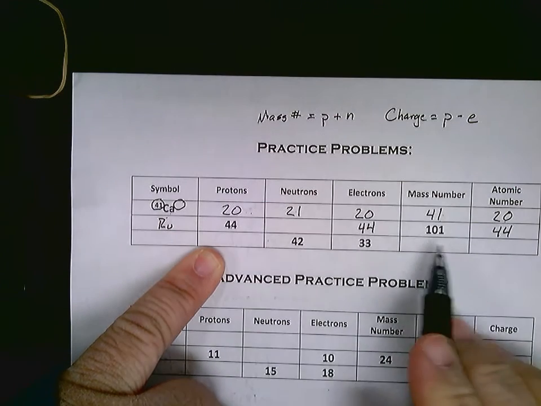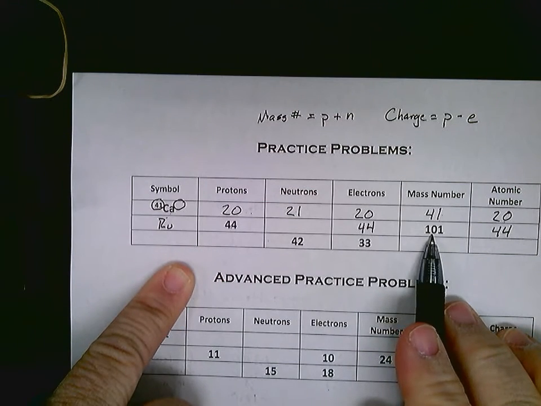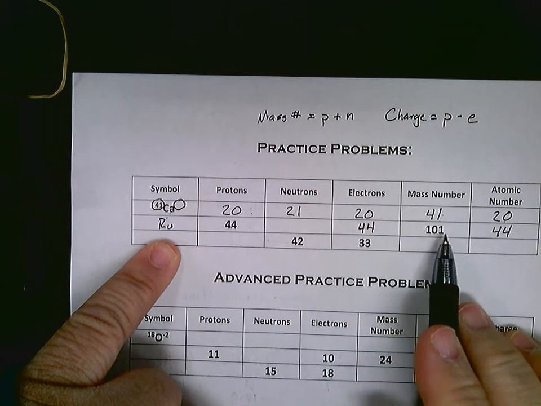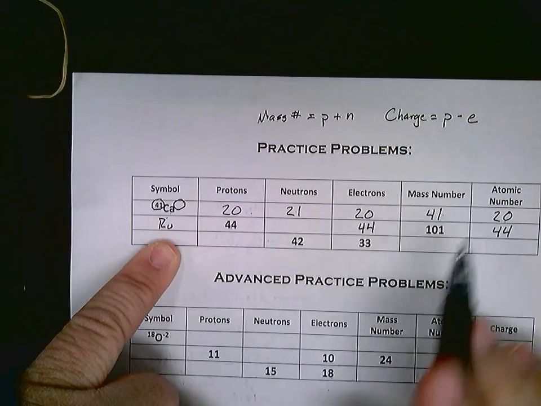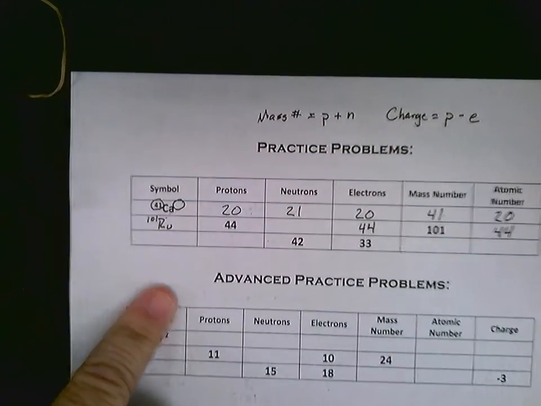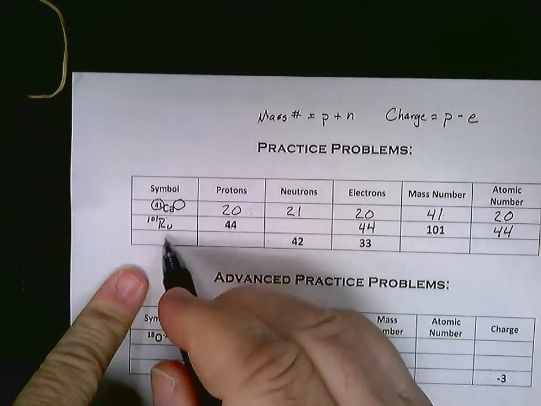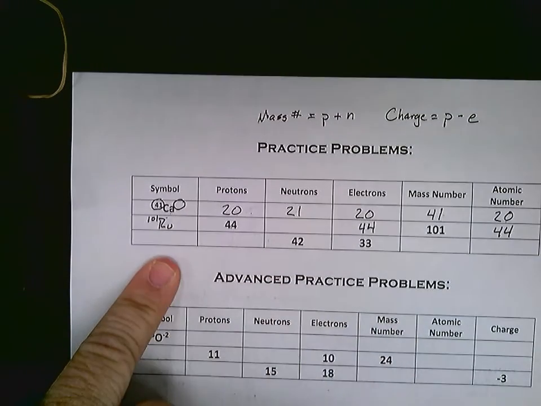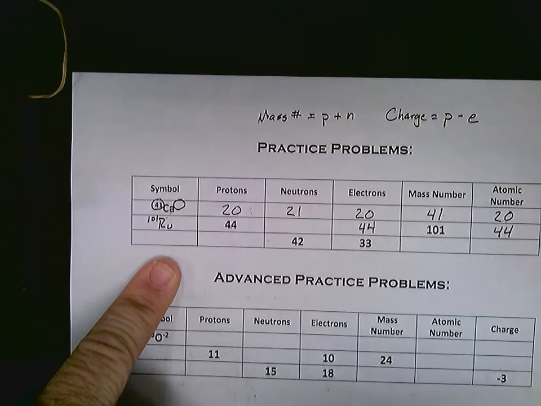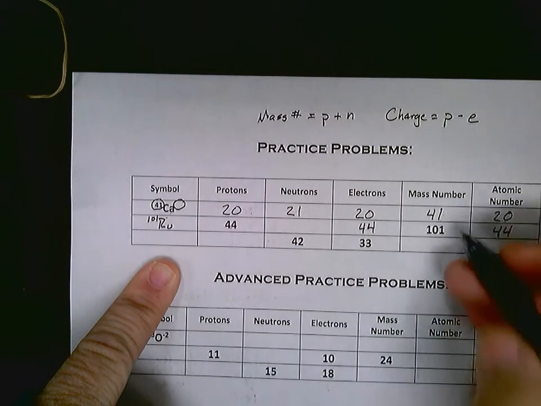Our mass number was given to us, 101. We have to tell the person that, so this 101 must go in the upper left. You cannot forget that, because just writing Ru, there are a lot of different things going on there that could make it a different atom. So we've got to tell the person the mass number.